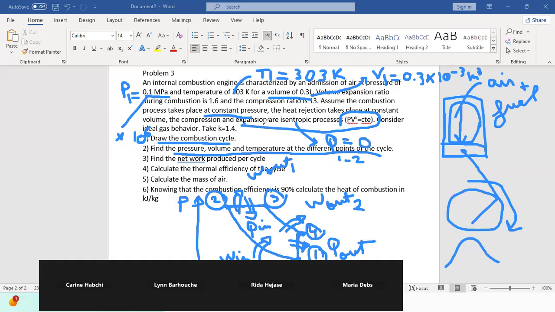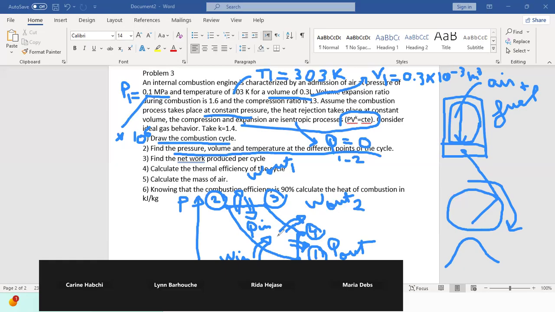You can consider that this problem is like a review for the exam, because it's a cycle and we need to do analysis of this cycle. We need to determine first at different points of the cycle what the characteristics are, so how to calculate pressure, temperature, and volume at these different points.